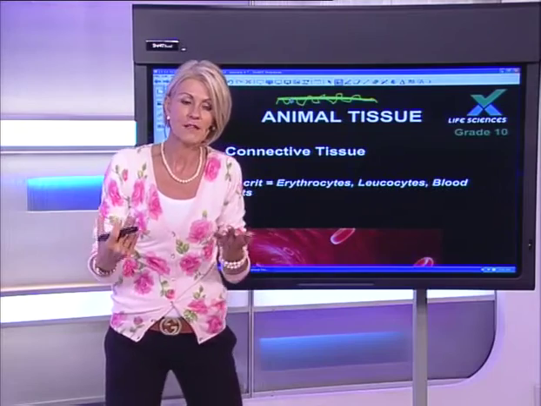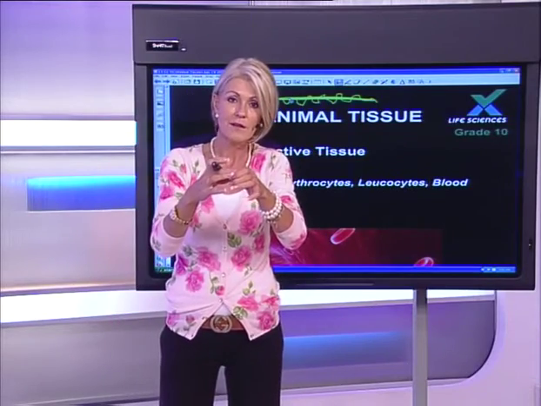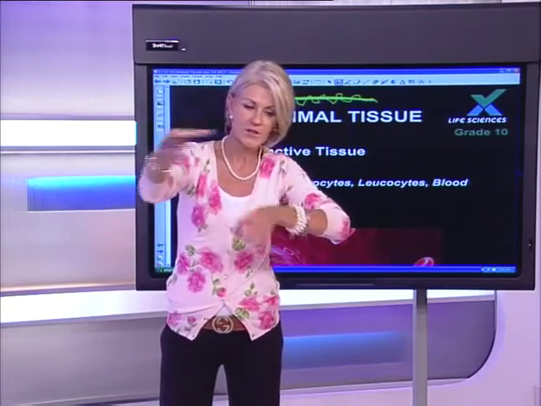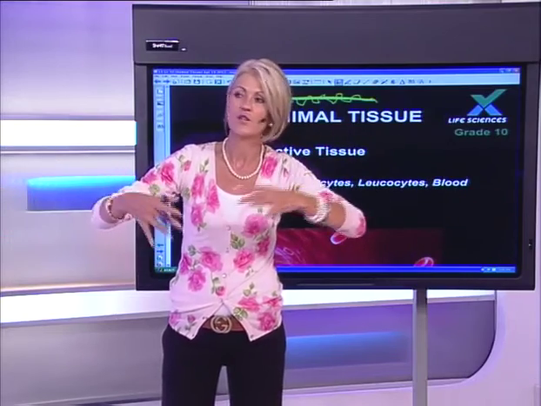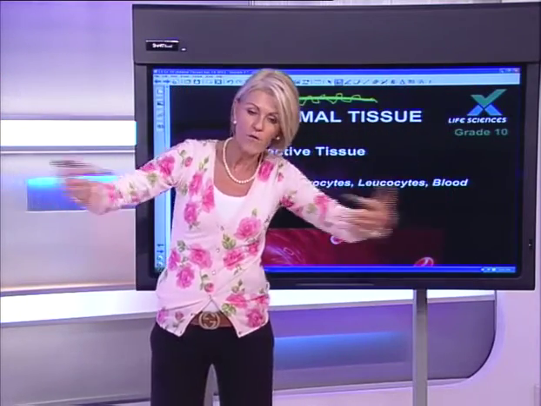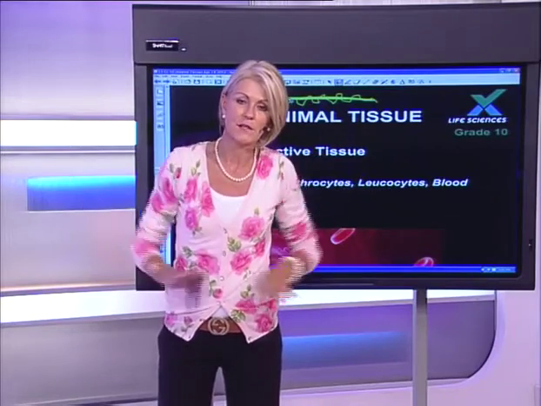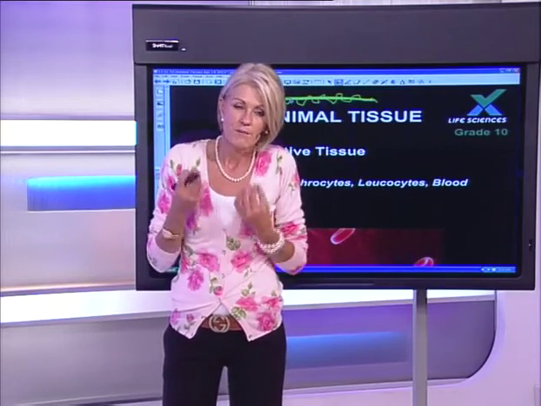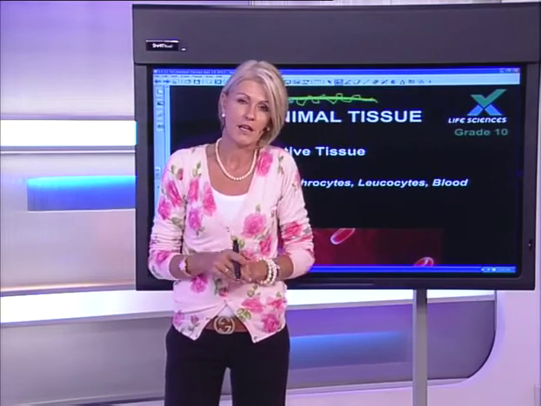All of that together forms the matrix. It would be like your house and all the roads and the streets and the houses around you and the shopping center down the road and the Pick n Pay, all of those form the matrix of the area that you live in. So matrix is just all the cells together.